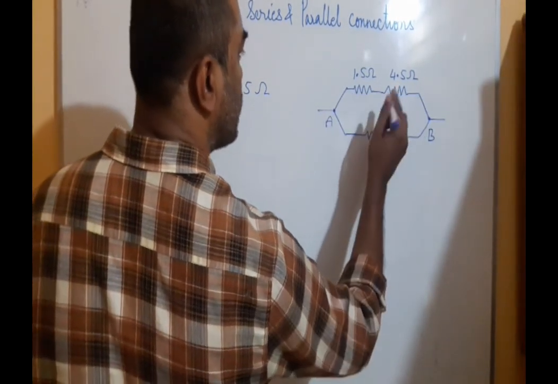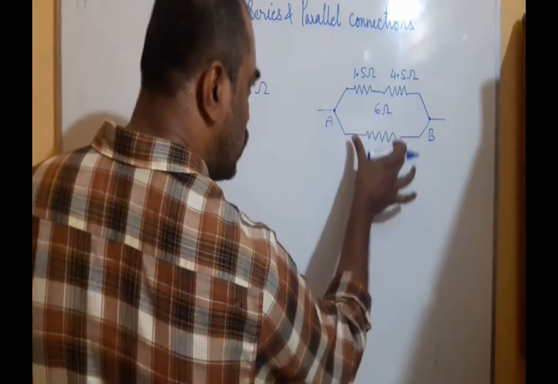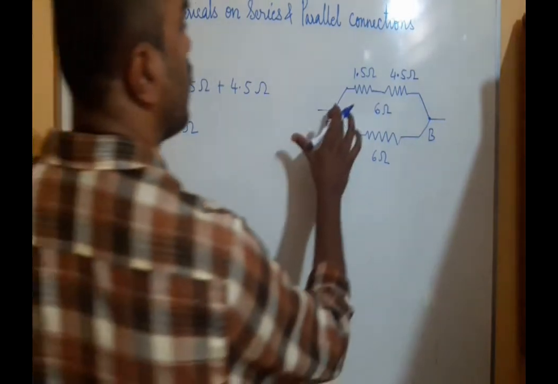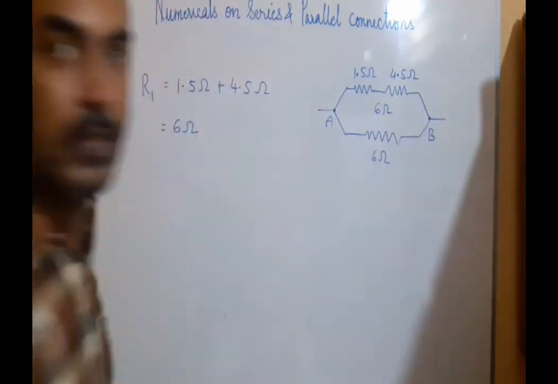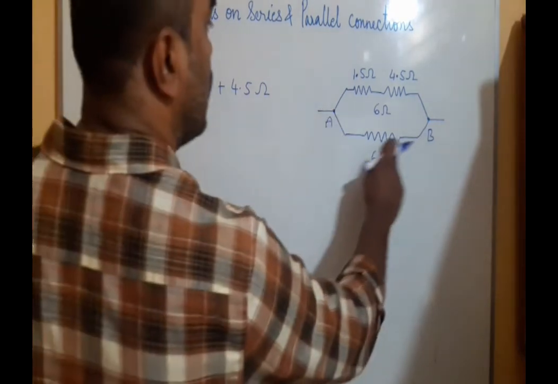So this total is 6 ohm now, and this is also 6 ohm. Now these two are in parallel. Why are they in parallel? Because there is one path for the current to pass and there is another path for the current to pass.